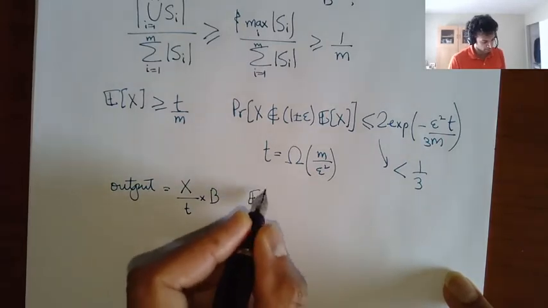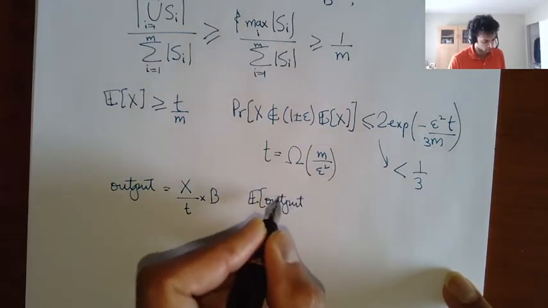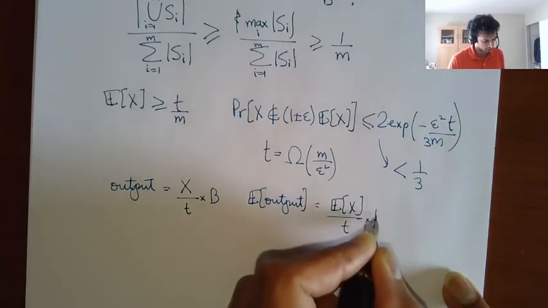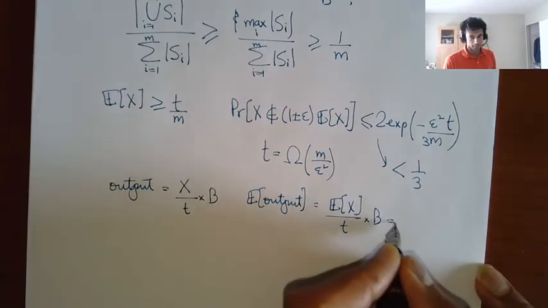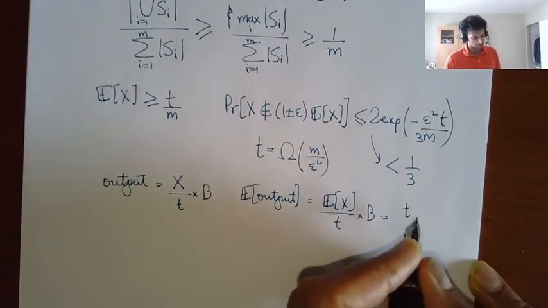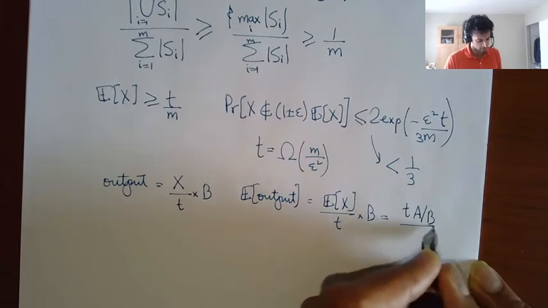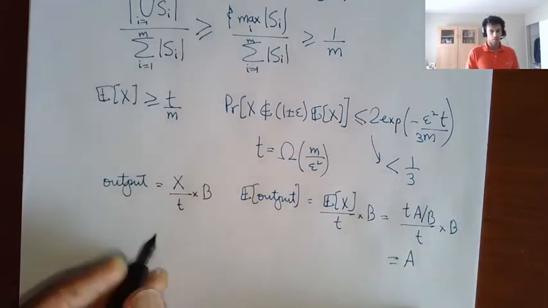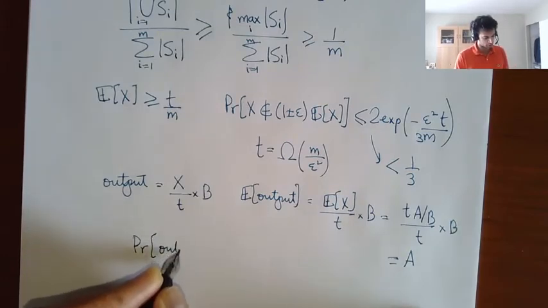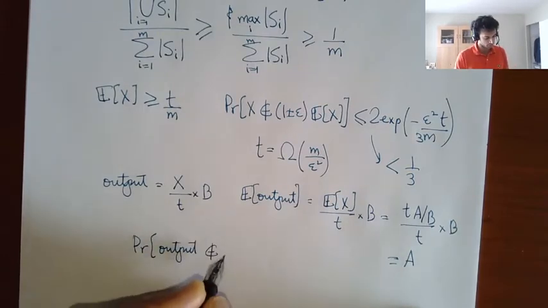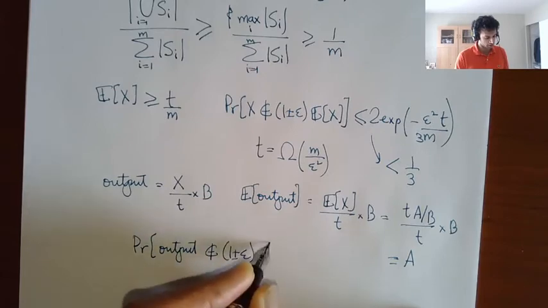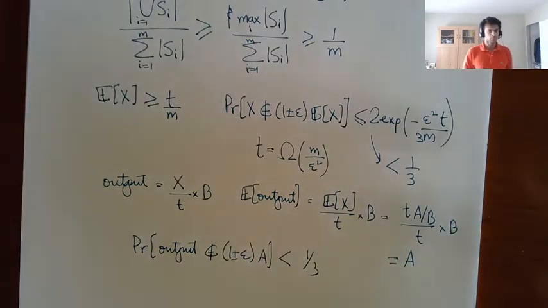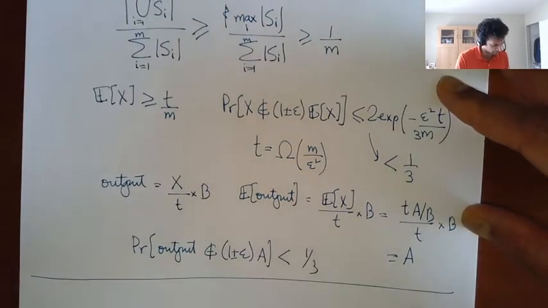That's what the output is. The expected value of the output is simply the expectation of x divided by t times b, and the expectation we said was t a divided by b, divided by t times b, is exactly a. So you plug all of this in and you'll get that the probability that the output is not in 1 plus minus epsilon of a is less than 1/3. Okay, and that then ends the proof of Karp-Luby.